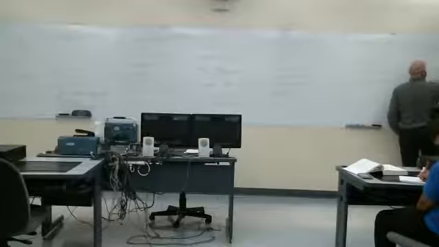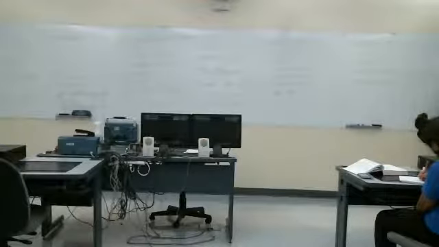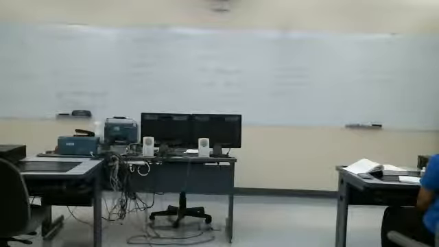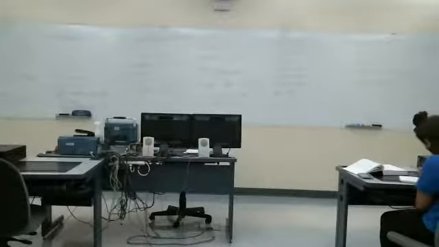Maybe I'll try some pictures. Let's say x of t is equal to the unit step. Then what y of t would look like is just t u of t, which means it would be this, right? That's the unit ramp. This is what y of t would look like.